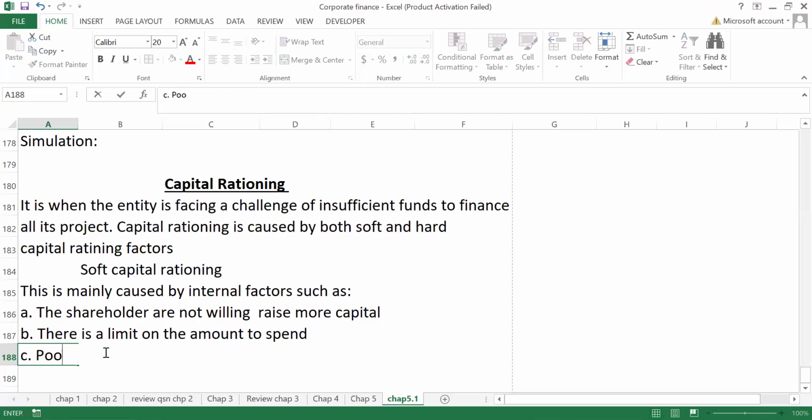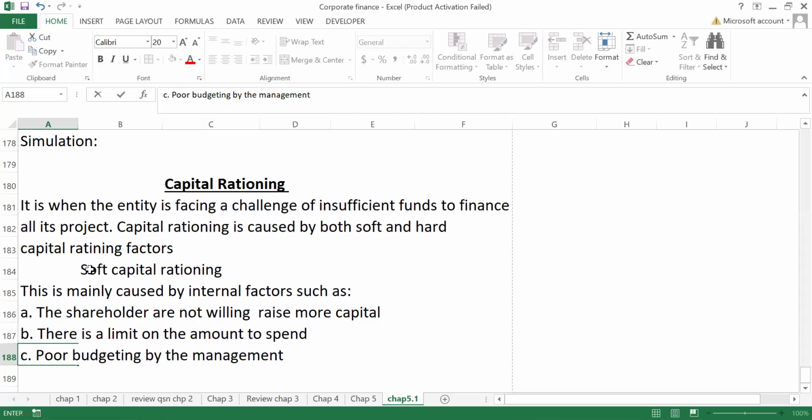Then another one can be poor budgeting by the management. You find that the management did not put into consideration these capital expenditures. They didn't plan those capital expenditures. So these are factors that may cause soft capital rationing.